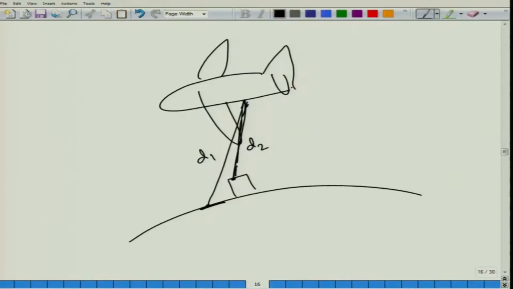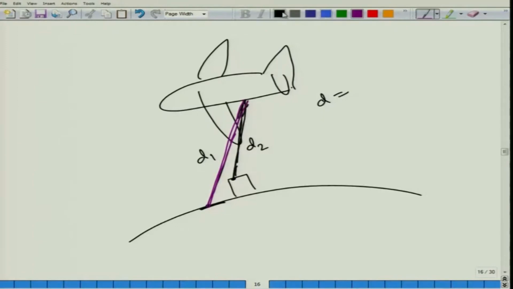How do we calculate that distance? Again, because the speed of light is constant, it is c, we can get d. So, when this light is going from the aircraft to the ground, it is traveling a distance of d1. When it is moving back, it is again covering a distance of d1.